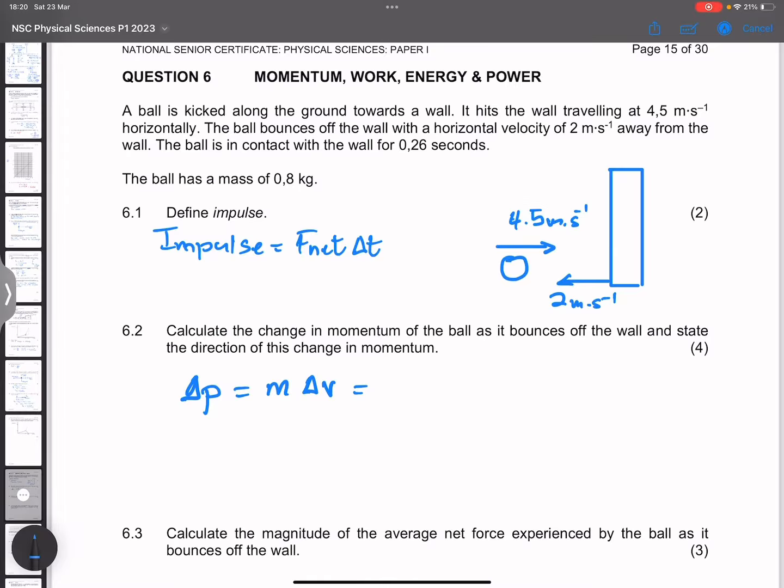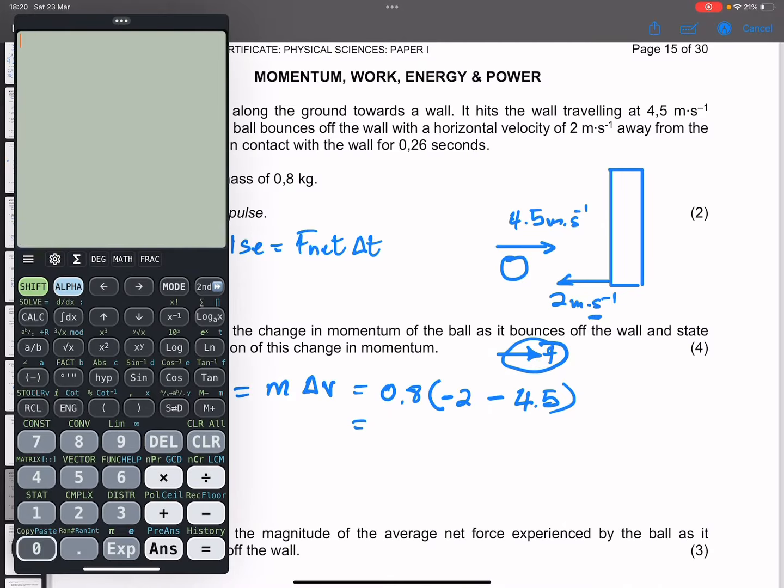I'm going to assume that the direction towards the wall is positive. So that would be the mass 0.8 times our final velocity, after it bounces off the wall, so that would be -2, minus the initial velocity, which is positive 4.5. So it's minus a positive value, so that's minus 4.5.